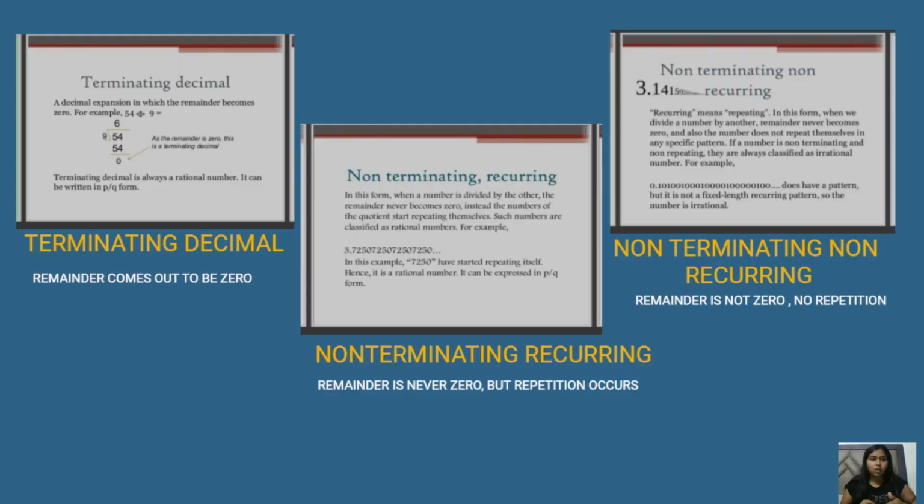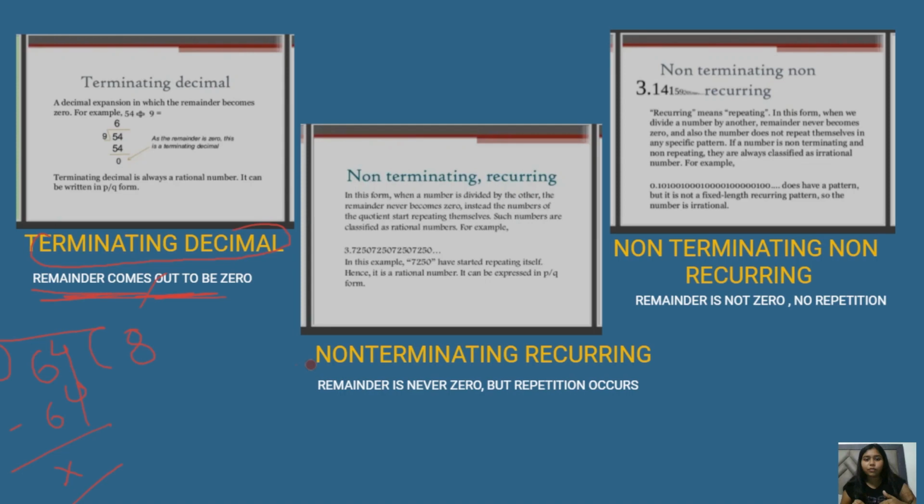First we'll go with the terminating decimal expansion. A terminating decimal expansion is one in which the remainder always comes out to be 0. For example, let's divide 64 by 8. When we divide 64 by 8, we get 0 as the remainder. So this is an example of a terminating decimal expansion, in which the division terminates.